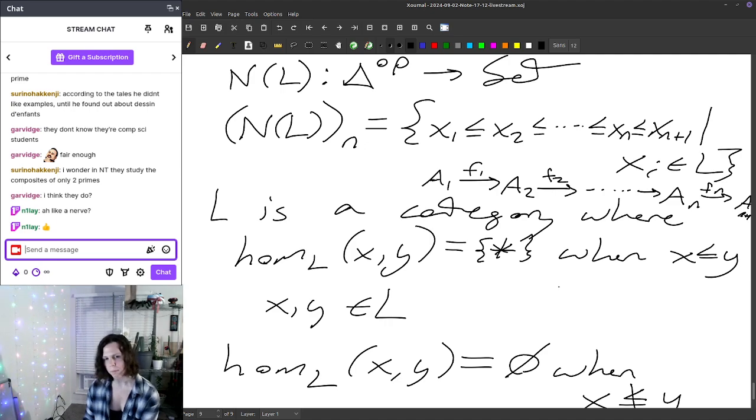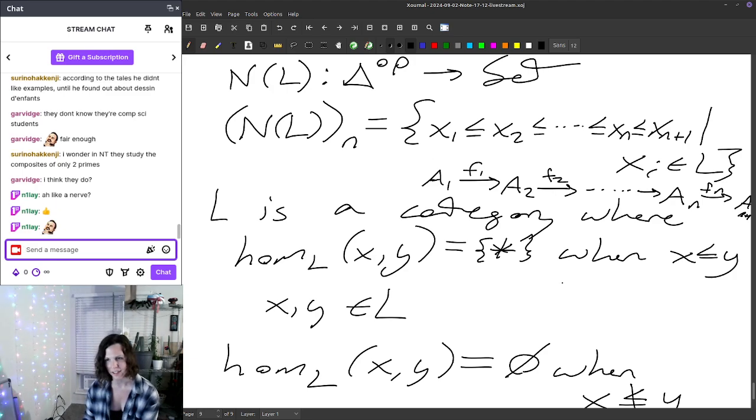I feel like maybe I'm just not in the right spaces, but okay, that wasn't meant to be a joke. Maybe I'm not in the right mathematical environment for it, but I feel like I don't hear people talk about CW complexes a lot. I feel like I see CW complexes more in older stuff.